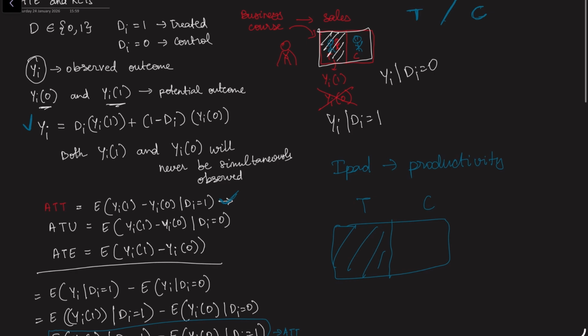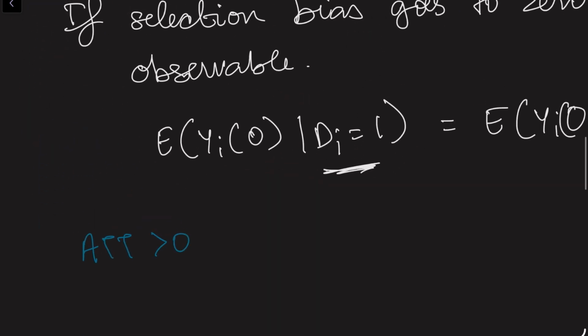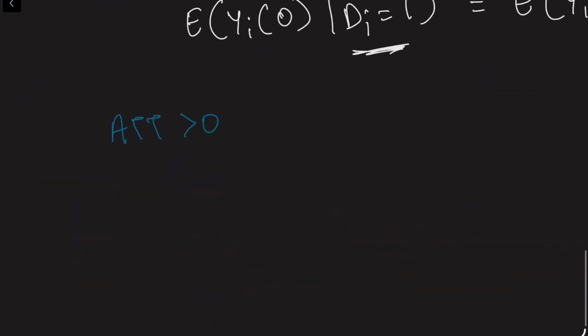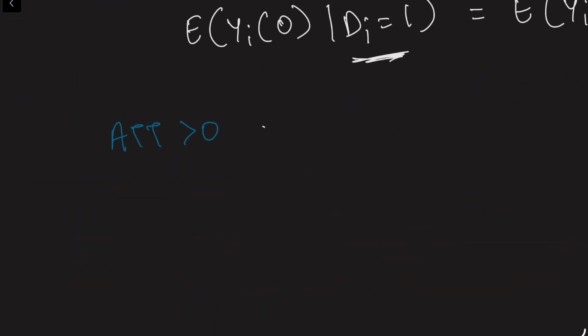If the ATT is positive, if we could estimate it and it is positive, then what does that mean? It could mean three things. One could be that the D_i, which is treatment, has an effect on the outcome.